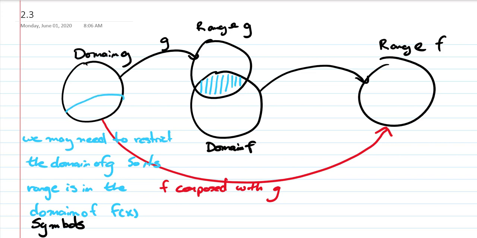So we may need to restrict the values that we can use in the domain of g so that we make sure that we're landing in the range of g in such a place that it also overlaps with the domain of f. Otherwise, the composition wouldn't make sense.